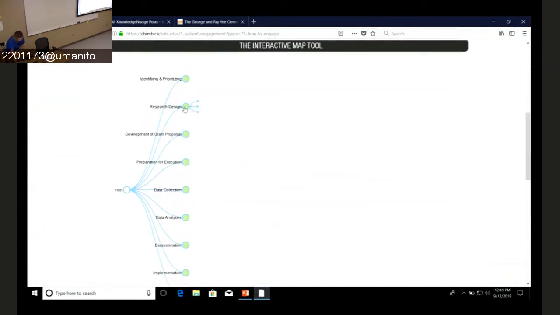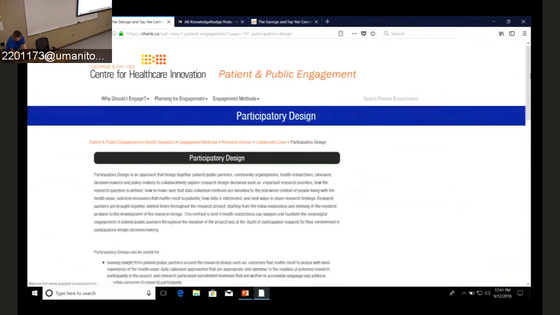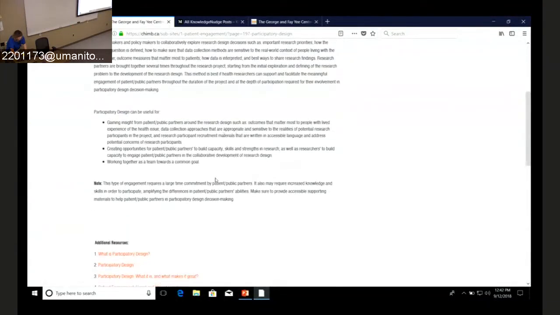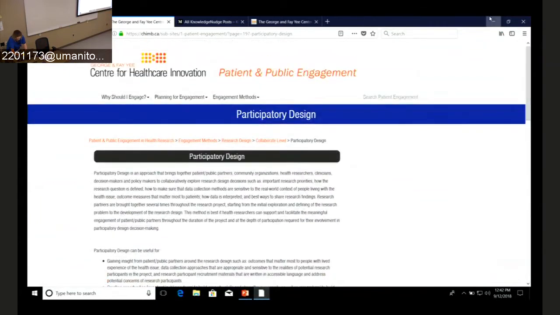Say you're at the research design phase, and then say you want to engage people with lived experience at the collaborate level. You can actually look at different participatory approaches, and then it gives you this whole little synopsis about what participatory design is, how it can be used, gives you some notes, and then it actually gives you some additional resources that you can investigate further. So it has some suggestions. So it's a neat little tool that you can use.